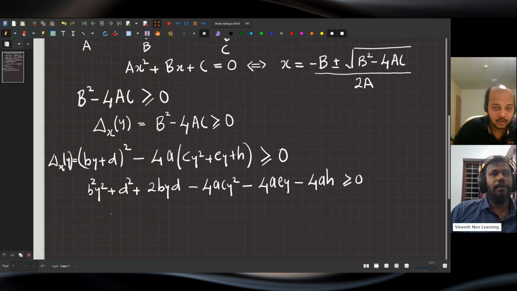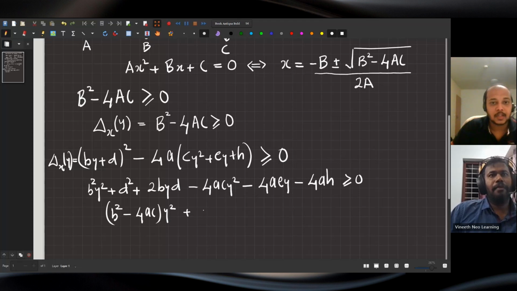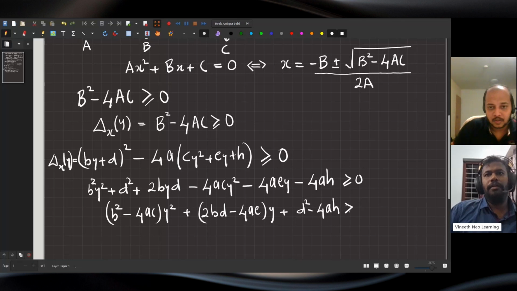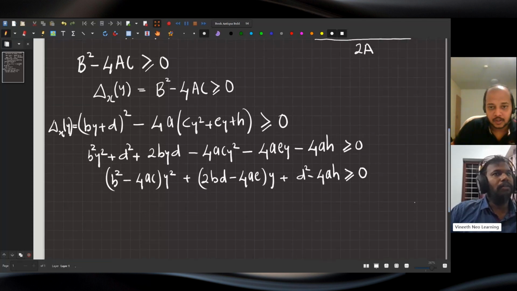So this will be (b squared minus 4ac) y squared, plus (2bd minus 4ae) y, plus (d squared minus 4ah). Am I right? This should be greater than or equal to 0.